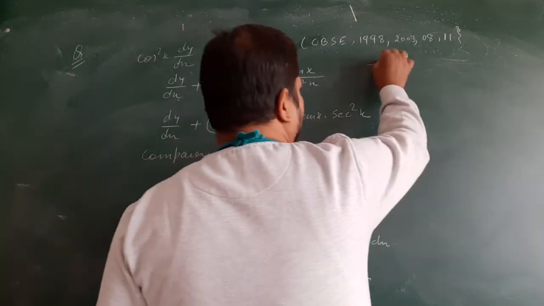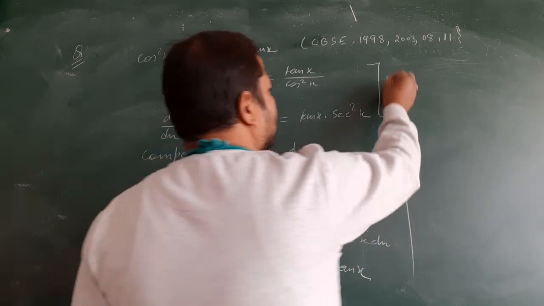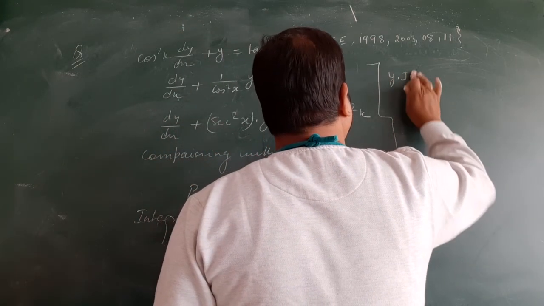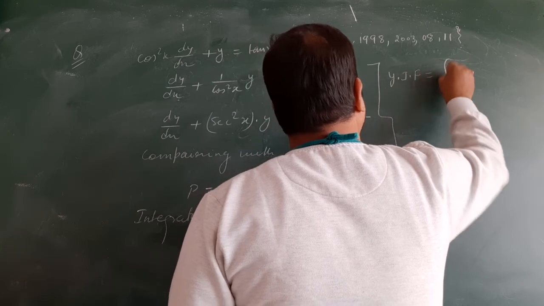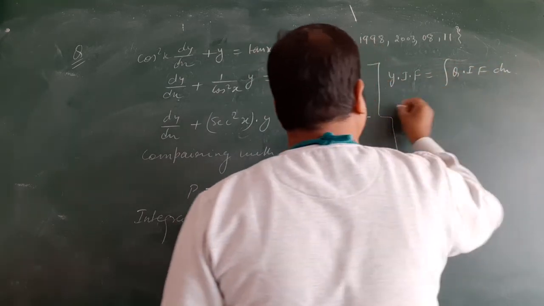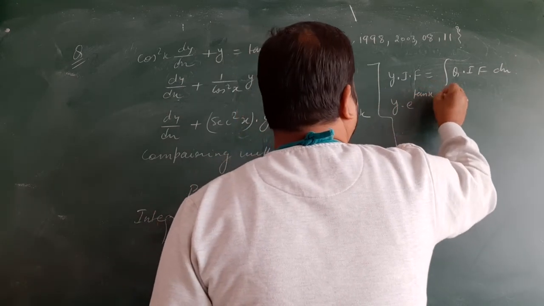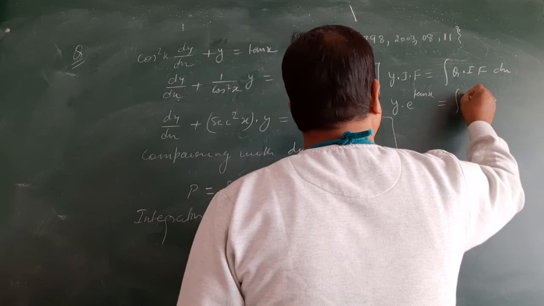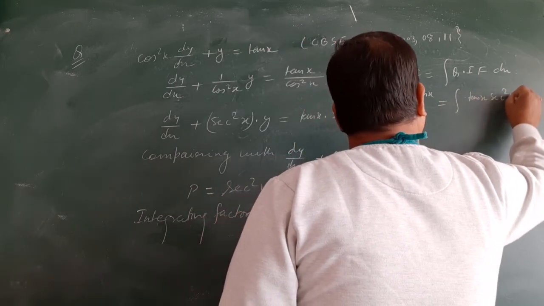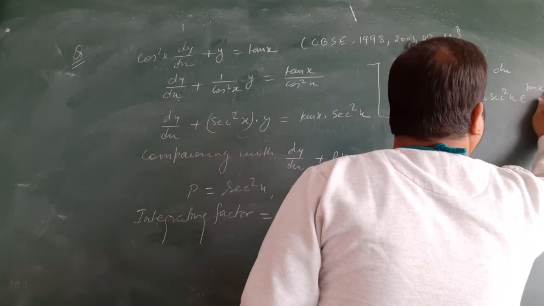You know very well what is the solution of this type of differential equation: y into integrating factor is equal to integral of q into integrating factor dx. y into e to the power tan x is equal to integral of tan x sec square x e to the power tan x dx.